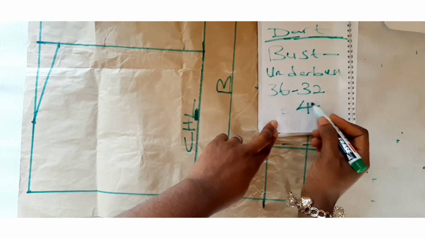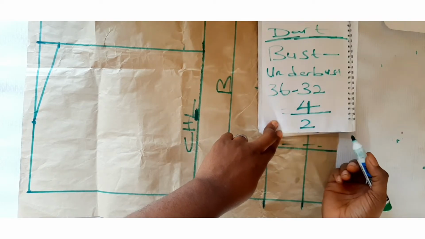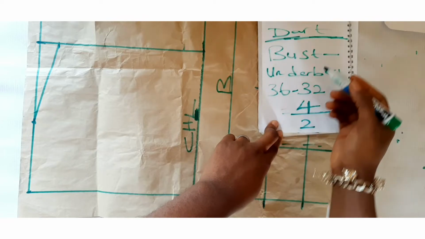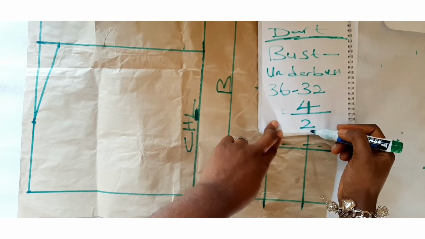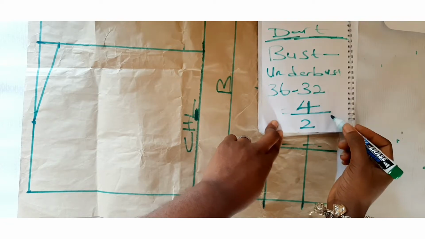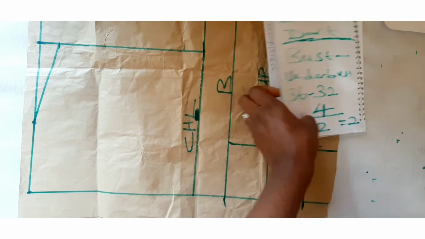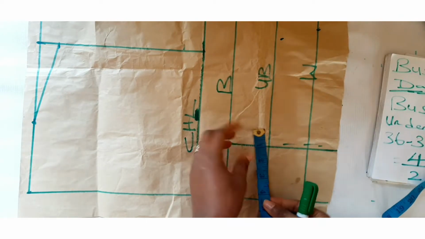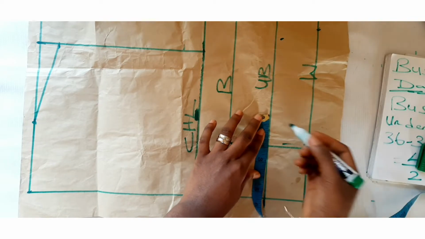And this 4, I'm going to divide it by 2. Take away your under bust from your bust, then divide by 2. If I divide it by 2, it's going to give me 2. So on this side of my bust, I'm going to take 2 inches.